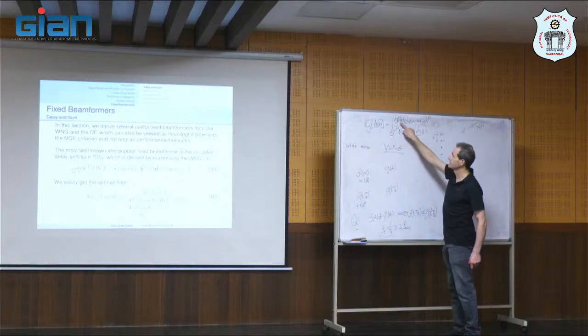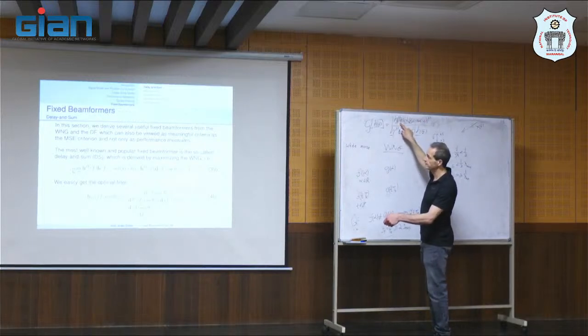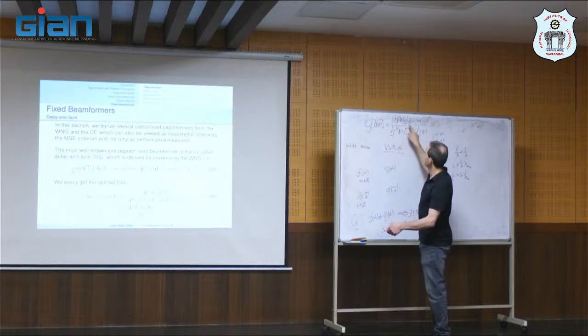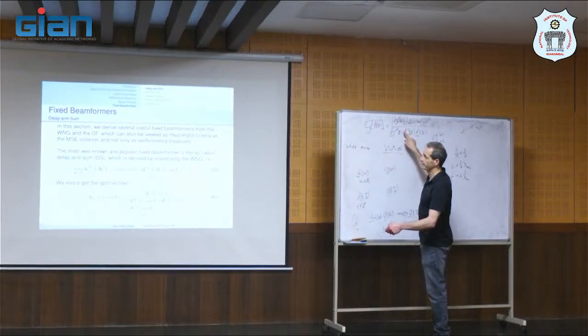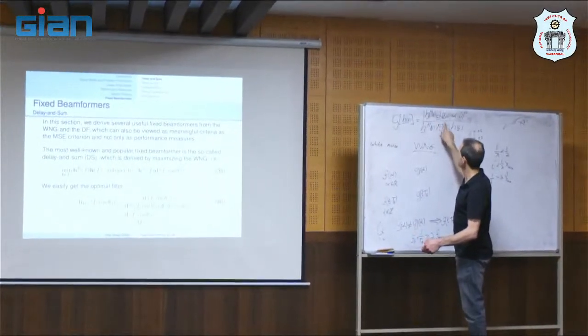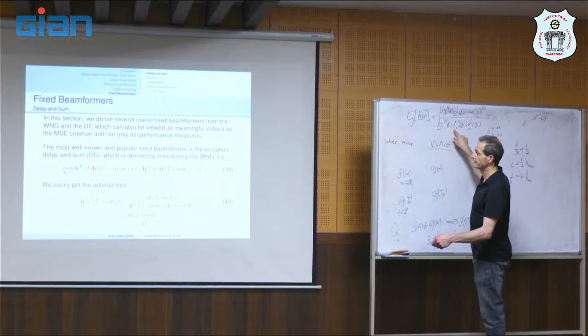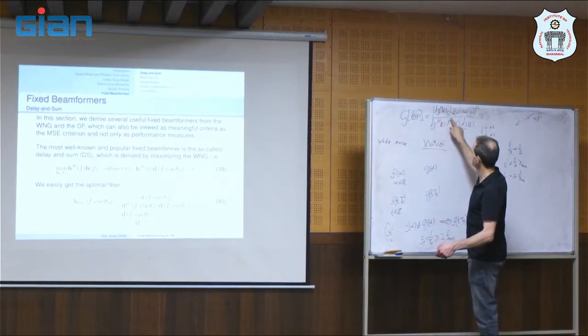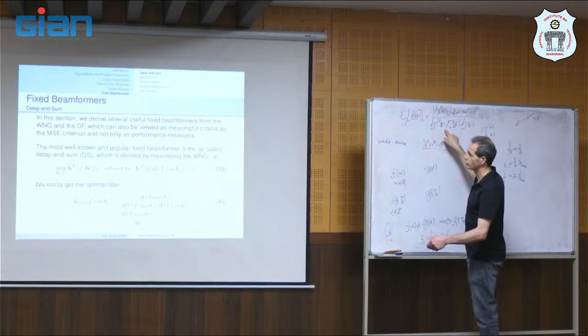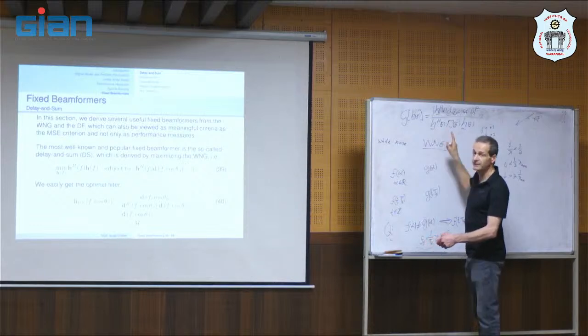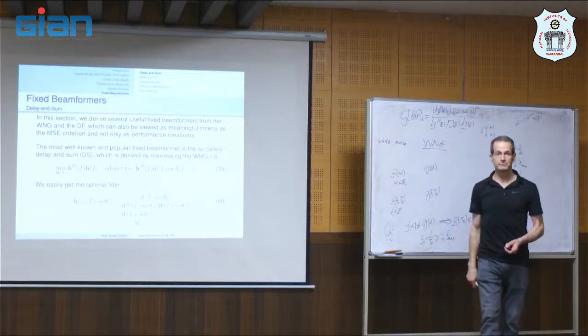This is the distortionless constraint for the desired direction. And then we want to minimize this when the noise is white, which means that this matrix is an identity matrix. So minimizing this denominator with an identity matrix is minimizing H transpose conjugate H, subject to the distortionless constraint. This beamformer maximizes the white noise gain. Very simple.